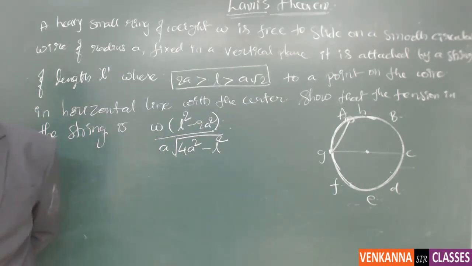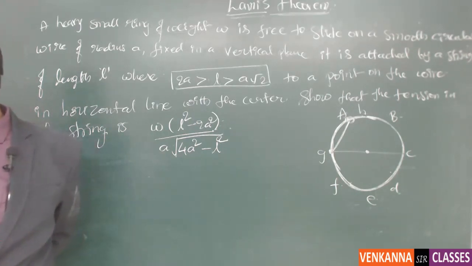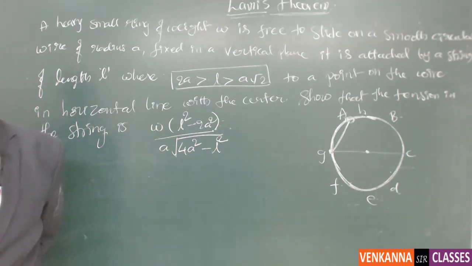Is that correct, whatever I have drawn? So I should draw at B. Why? So B is correct, but why?